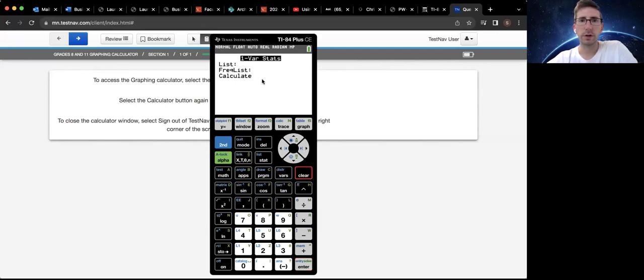If this was empty, or if you put your data into another list, you could select the list you want to calculate the sample mean and everything on by hitting second stat, which takes you to the list screen. You can see you can choose, right, list 1, list 2, list 3, and so on.